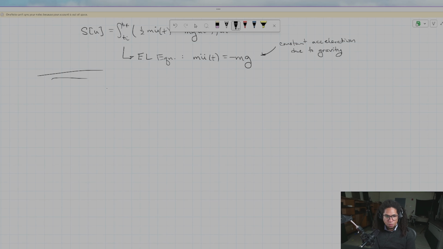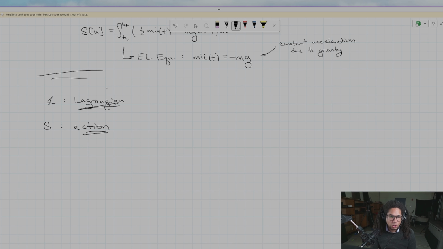Okay, before I go on to another set of examples that are a bit more instructive, let's just give a couple of names to things. L is called the Lagrangian function, or usually just the Lagrangian. S, the functional, is called the action, or sometimes the action functional.